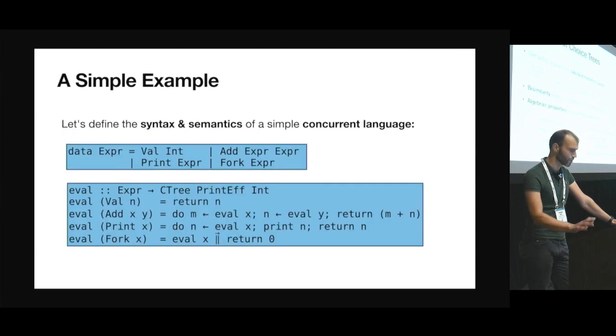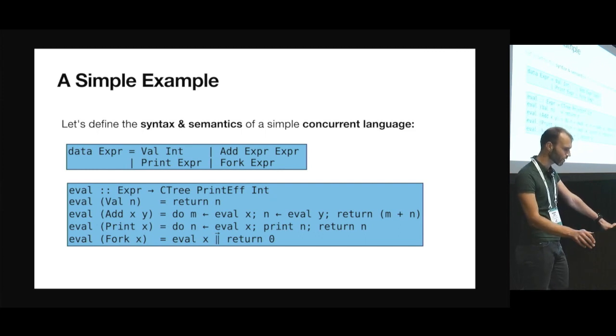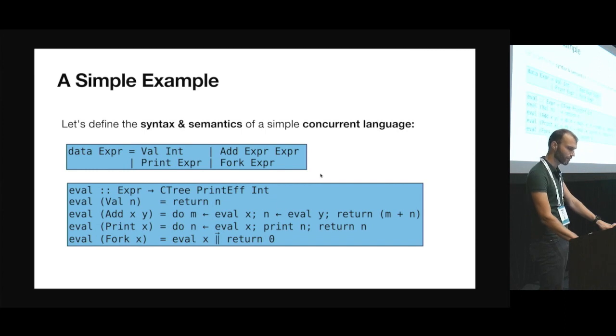So let's use this for a very simple example language, just to show you how this works. Right, and so this is a very simple concurrent language, which just extends the simple arithmetic language that I showed you in the beginning with a print primitive that prints an integer to, say, the screen, and then also a fork primitive that forks off a computation that evaluates this expression, right?